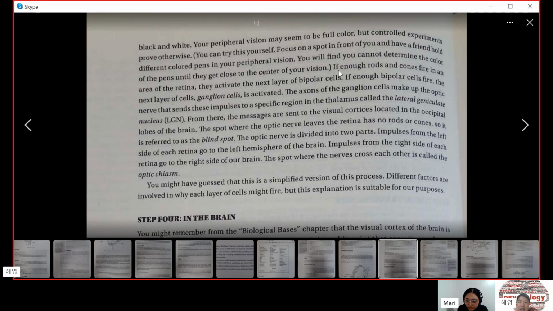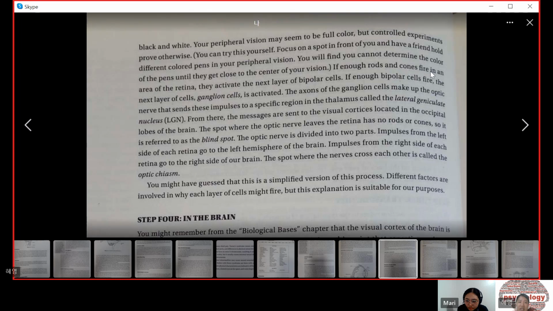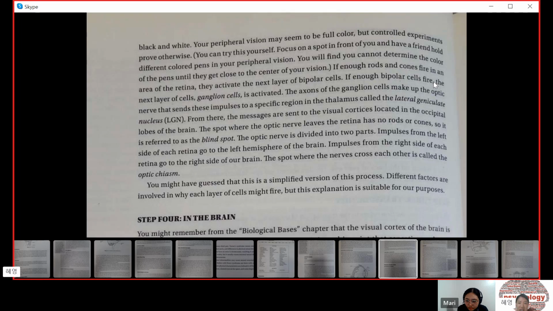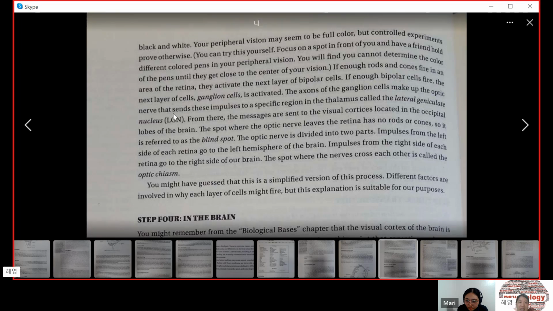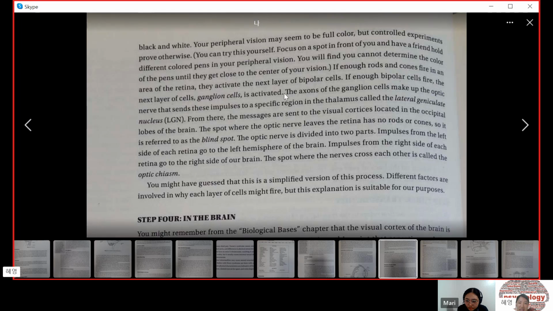If enough rods and cones fire in an area of the retina, they activate the next layer of bipolar cells. If enough bipolar cells fire, the next layer of cells is activated.